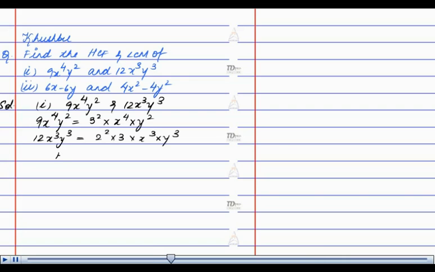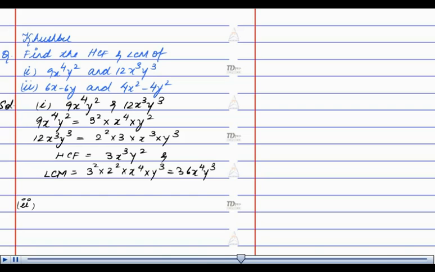This gives HCF as 3x cube y square and LCM as 3 square into 2 square into x to the power 4 into y cube, that is 36x to the power 4 y cube.